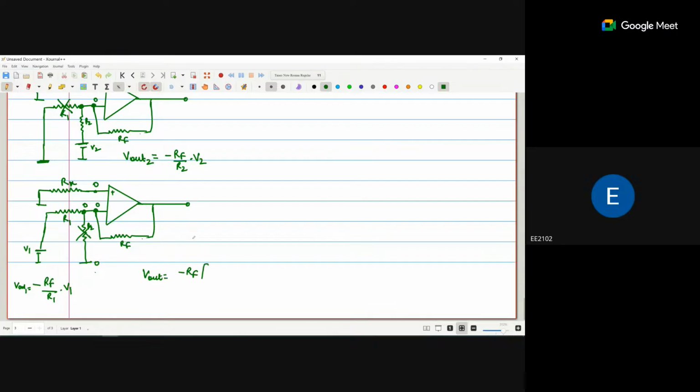Taking minus RF common, it is V1 by R1 plus V2 by R2. So that is the voltage, a summing amplifier with a weighted sum of the voltages.